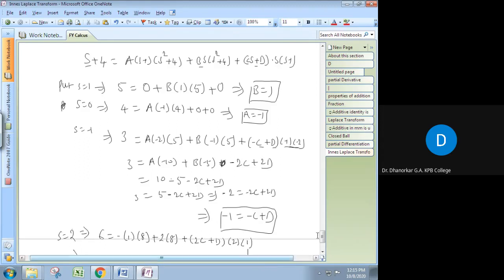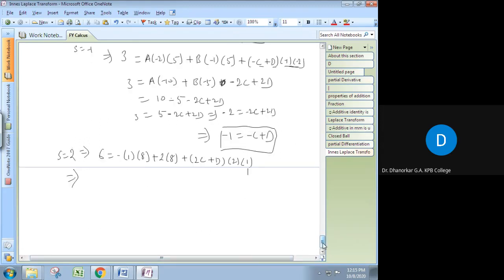This is equal to 6 equal to, this is minus 8, this is 16 plus 4c plus 2d. Now this is 8 plus 4c plus 2d.